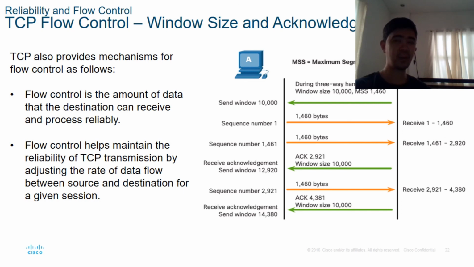A while ago you were waiting for 1 hour, but you only waited about 10 minutes and the files were downloaded successfully. The reason is that if TCP sees it can send more, it will send more, and that's flow control.